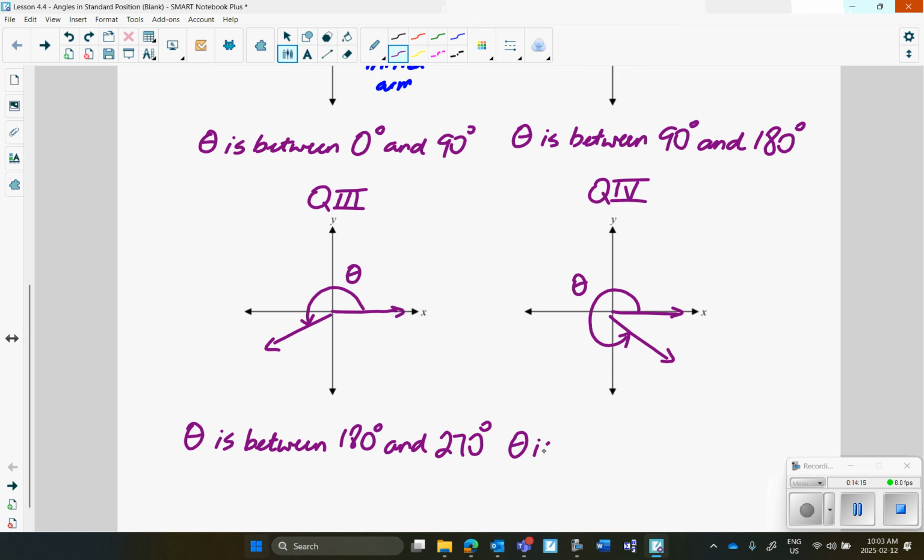So theta is between 270 degrees and 360 degrees. So that's the first step, to be able to draw angles of any size, any measure, using a coordinate grid. That's the first step.